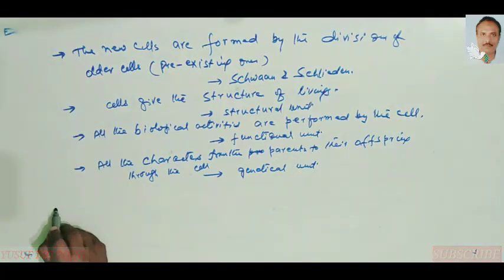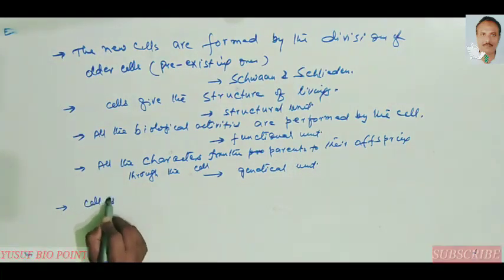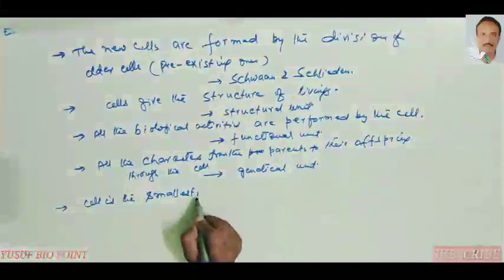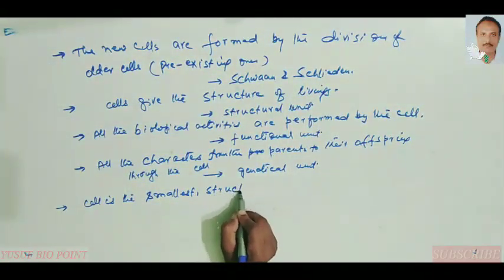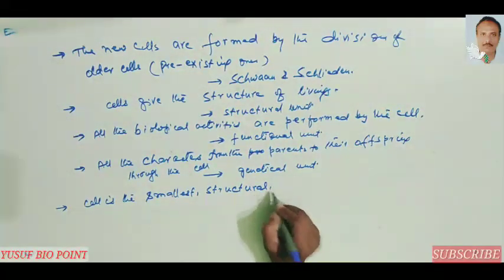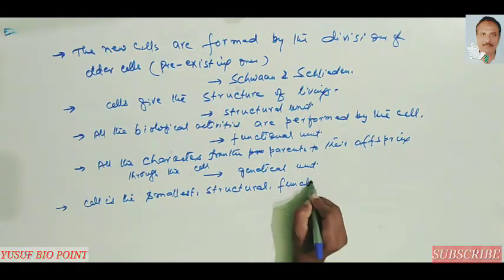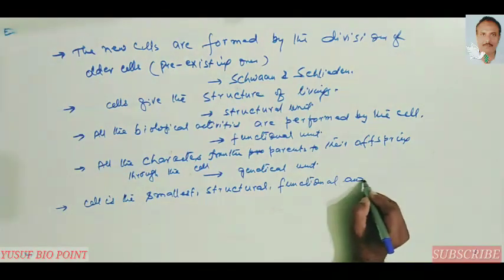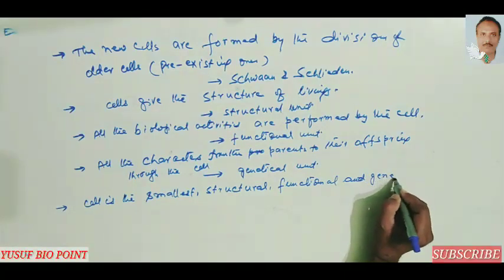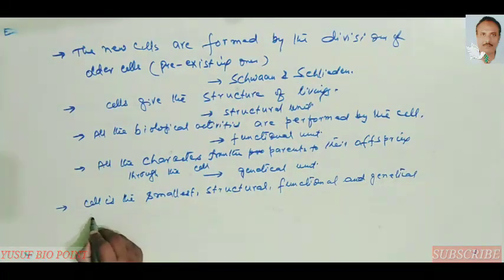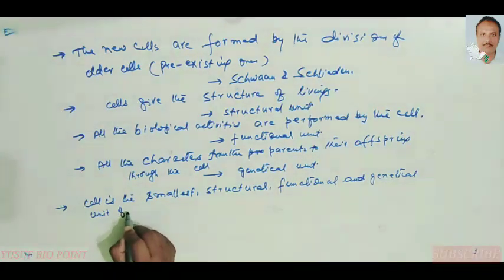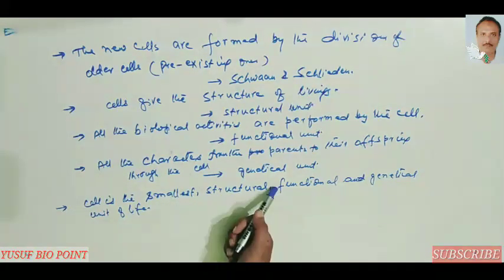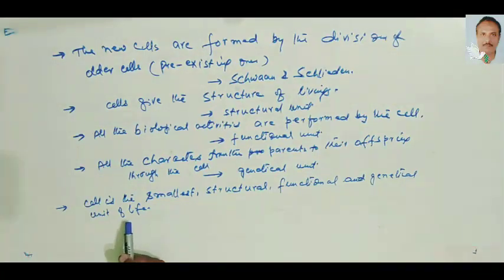So if we combine all, we can write: the cell is the smallest structural, functional, and genetical unit of life.